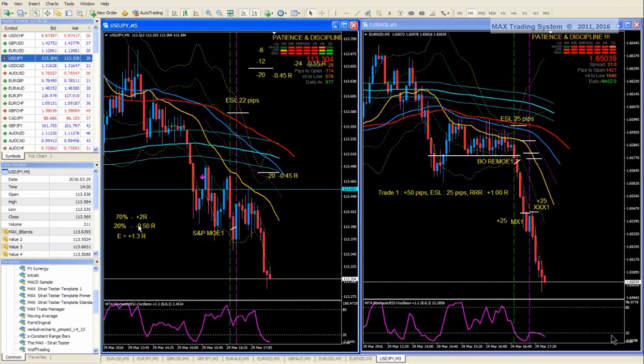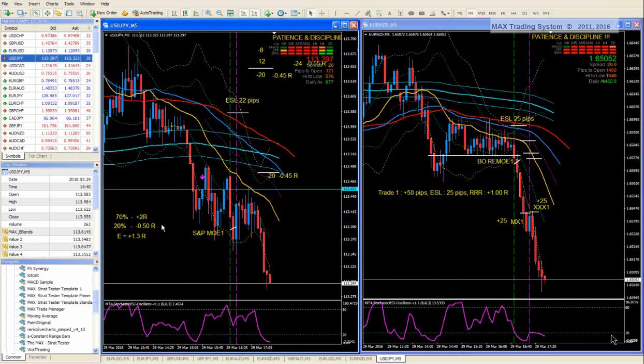And you know that on average, you will make 1.3 R per trade. You multiply that expectancy by the frequency, so 50, and you will get your financial result per month. So 50 times 1.3 is 65 R per month.